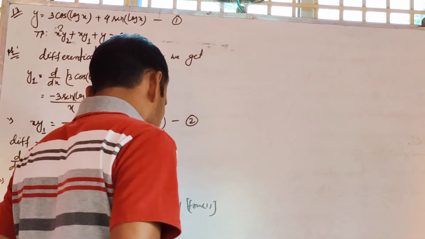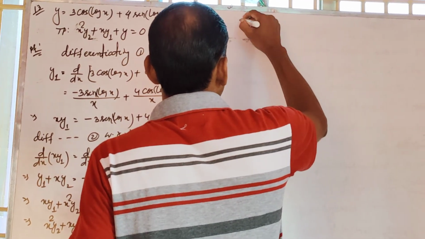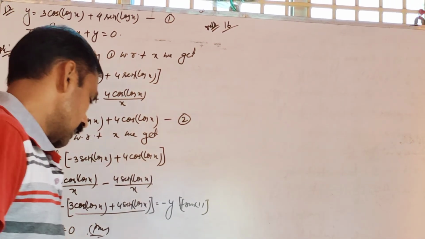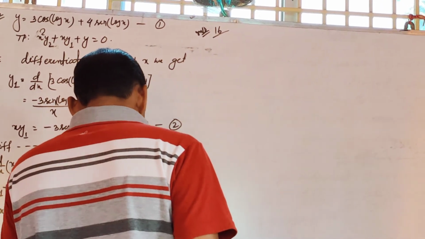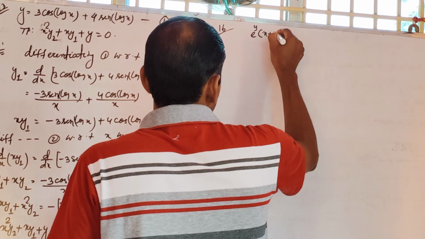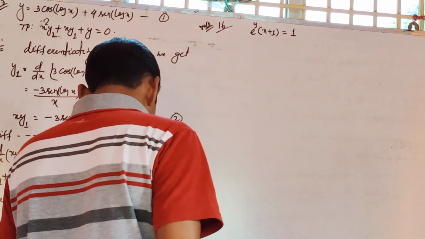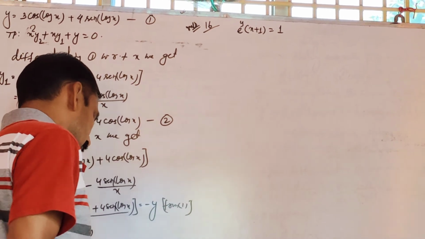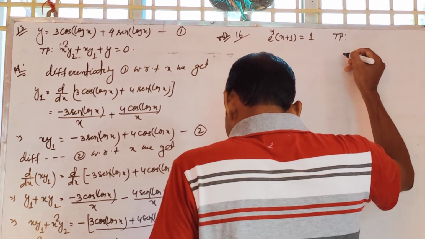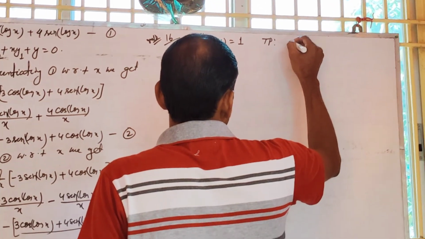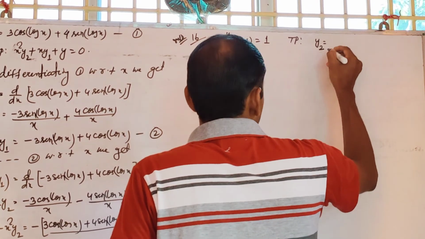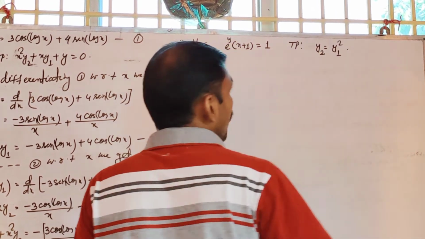Then question number 16. It is an important question. Okay, all are important. Whichever I am solving is more important. Here it is given, if e to the power y into x plus 1 is equal to 1, then you have to prove d2y by dx square, that is y2, equal to y1 square.